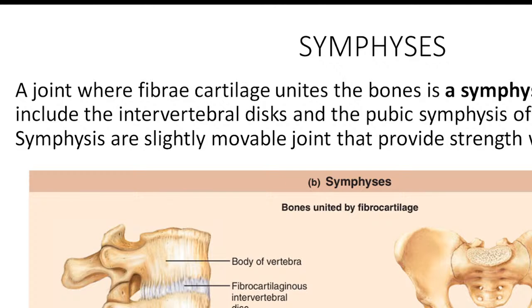What do you see? The pubic symphysis. It is fibrous collagen. This is hyaline cartilage, fibrocartilage, intervertebral discs. This is hyaline cartilage, and the symphysis has a cavity with liquid inside the discs, hence the name symphysis.